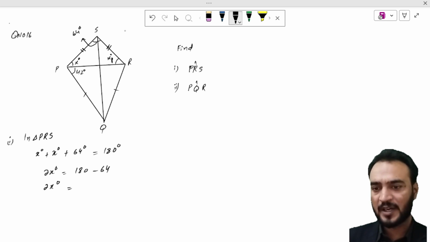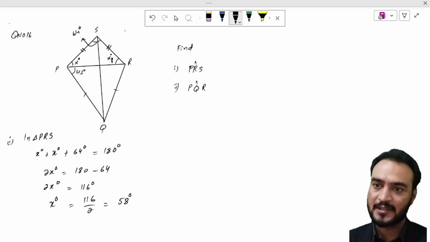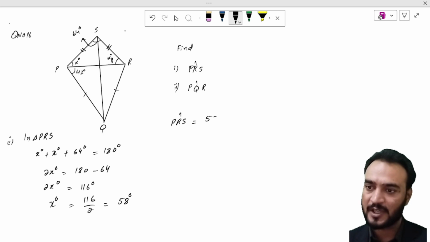Subtracting 60 from 180 we get 120, and 4 from 120 we get 116 degrees. So the value of x now becomes 116 over 2. Dividing it by 2 we get 58 degrees. As x degrees is the angle PRS, PRS is equal to 58 degrees. This was part 1 of this question.